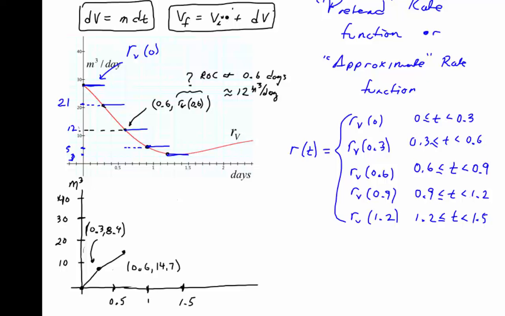Yeah, 14.7. To get the final value of that moment, we take the initial plus the change we calculated based on this constant rate of 12. So 14.7 plus change of V, 3.6, gives us 18.3.